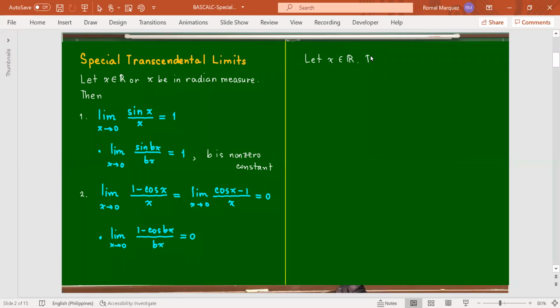So we have the limit as x approaches 0 of e to the x minus 1 all over x, which is equal to 1, the one that we derived. If I switch the position, it becomes negative 1, I think, that you derived.